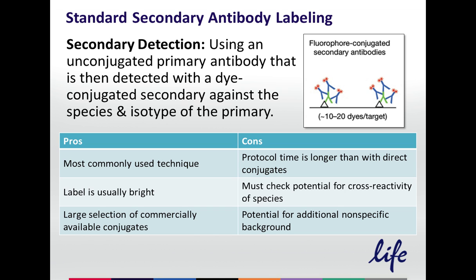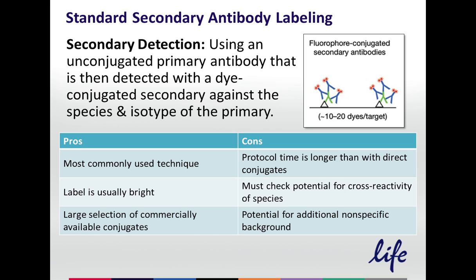So for instance, if you have tubulin as your antigen, you come in with a mouse anti-tubulin antibody, primary, and then you label that with, for instance, a goat anti-mouse secondary that has a dye on it. This is the most commonly used technique, arguably, at least for microscopy, for labeling antigens, in part because so many primaries are not available as direct conjugates, but also because this gives a brighter signal than a direct labeled primary.